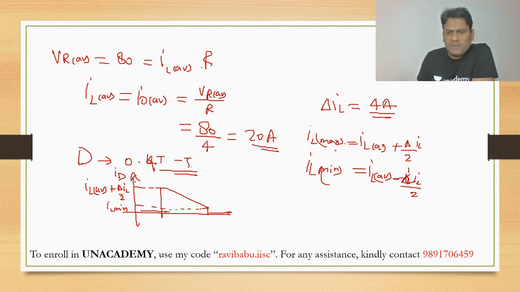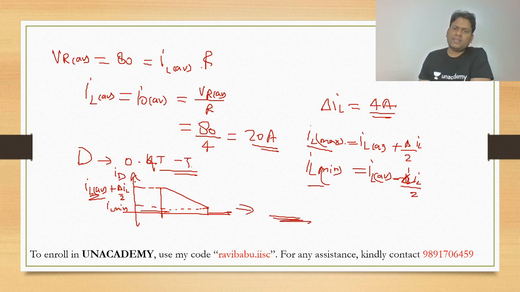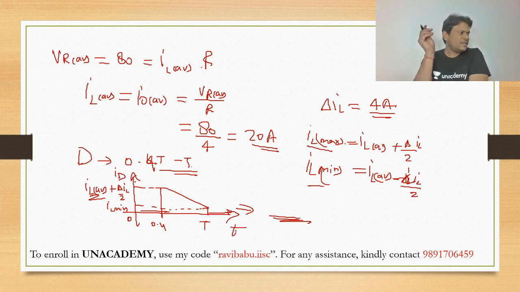So by this equation you can calculate max and min and put here, so that you can easily calculate the average value of diode current by the area. So this is 0, 0.4, and finally it is T.